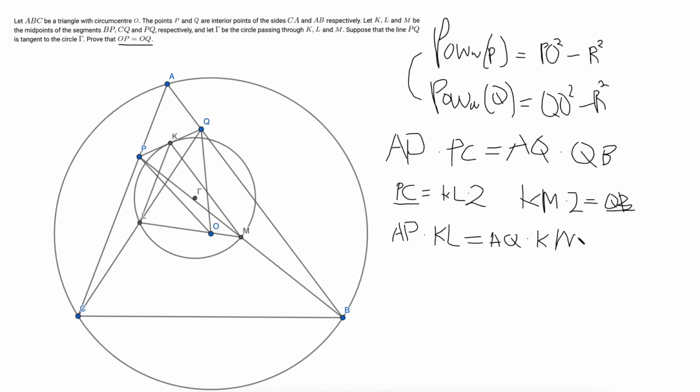We eliminated the 2 because they're on both sides. And now rearranging this equation, we get AP over KM equals AQ over KL.